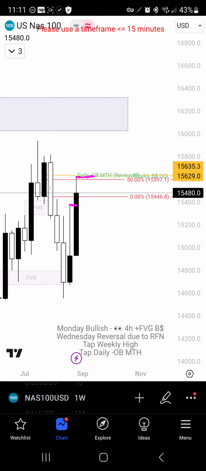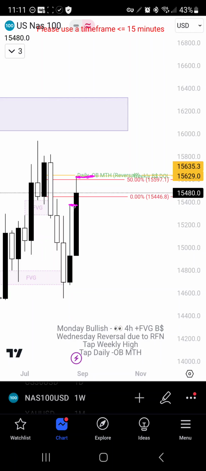Now we also closed below the mean threshold of this weekly order block. So now I kind of have conflicting data.